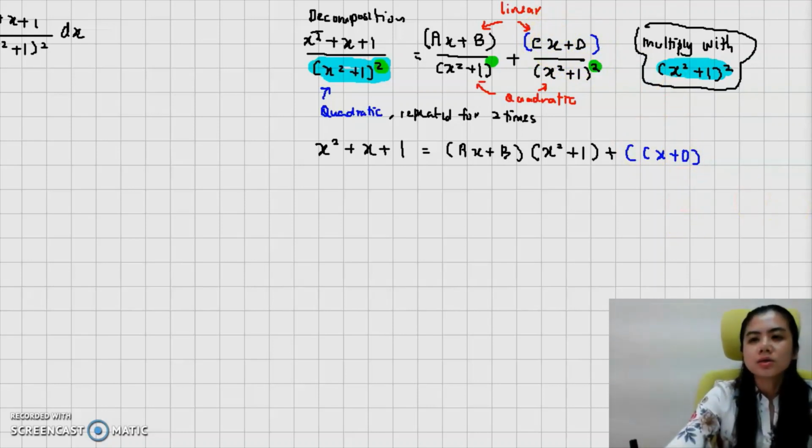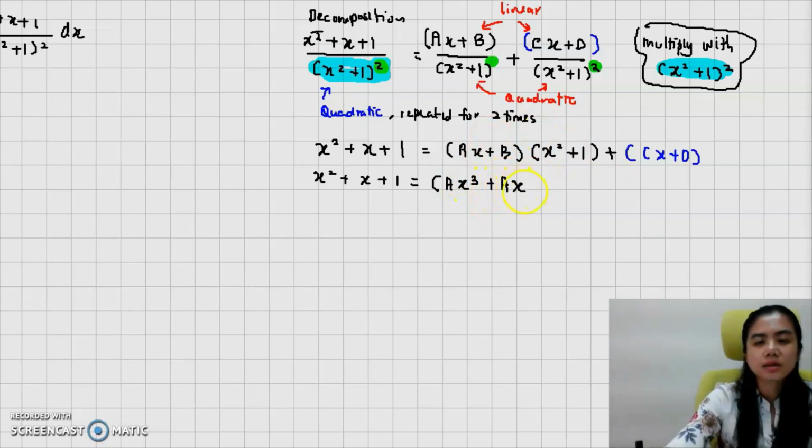Usually I will continue to do the comparison, but this one is a bit complicated. Why don't we just expand a bit on this? If I expand this, I will have ax power 3, and I will have ax.